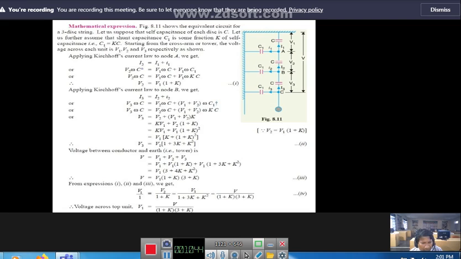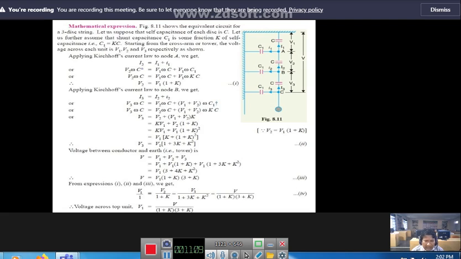That is V1 plus V1 into 1 plus K plus V1 into 1 plus 3K plus K square. Taking V1 as common factor, V is equal to V1 into 3 plus 4K plus K square. Taking the roots of that equation, V is equal to V1 into 1 plus K into 3 plus K. Take this as equation 3.